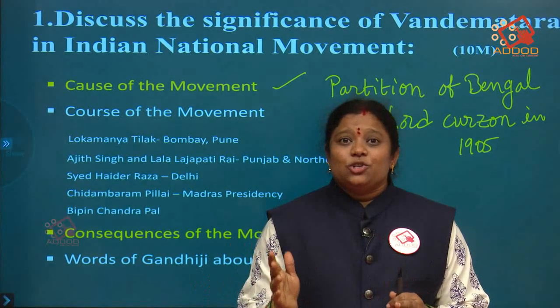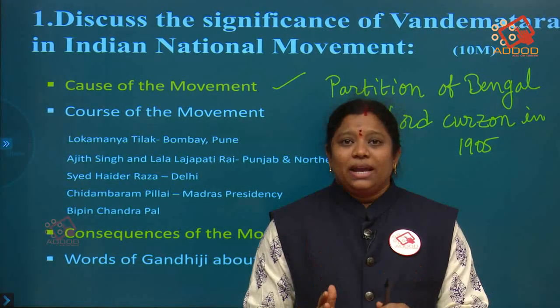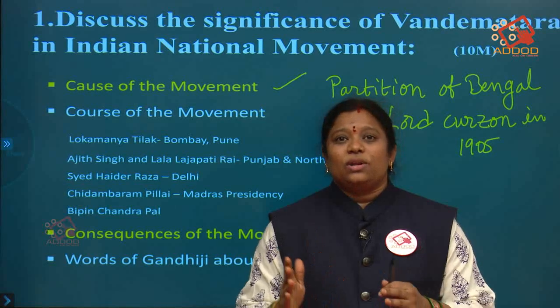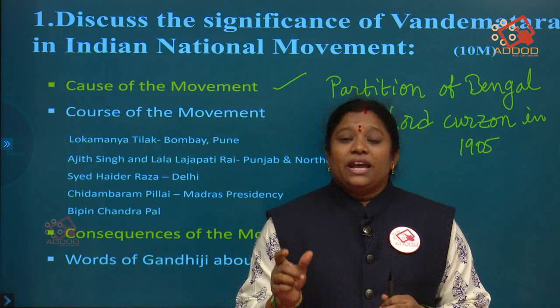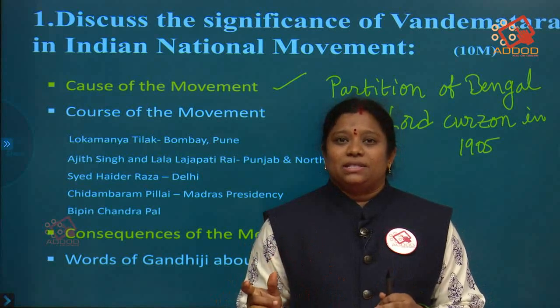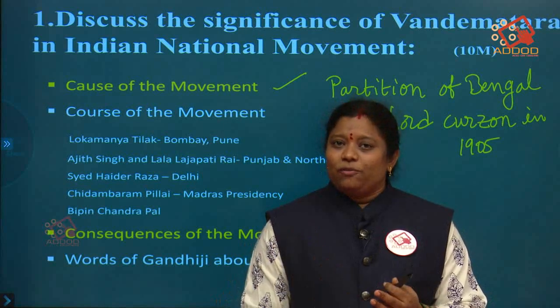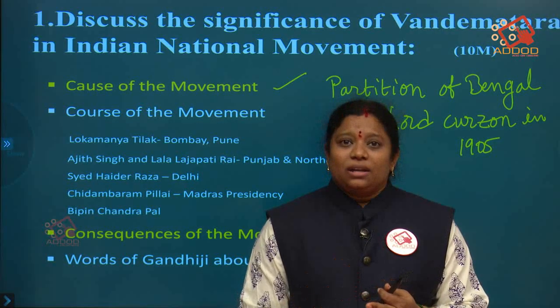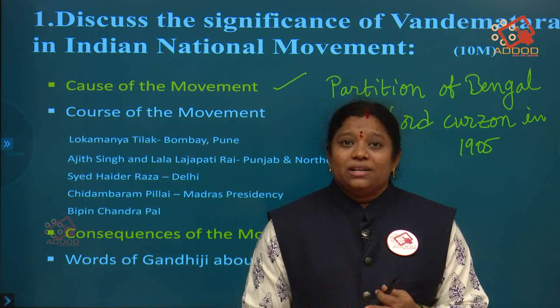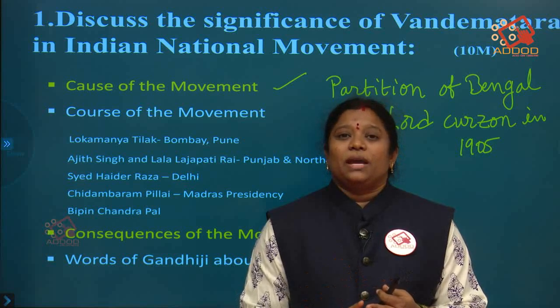But the real intention of the Britishers was to create a split between Hindus as well as Muslims, because Bengal is the place where national awakening had taken place among the Indians. The social reformers arose in Bengal only, and not only that, even the national leaders raised their voice from Bengal only.